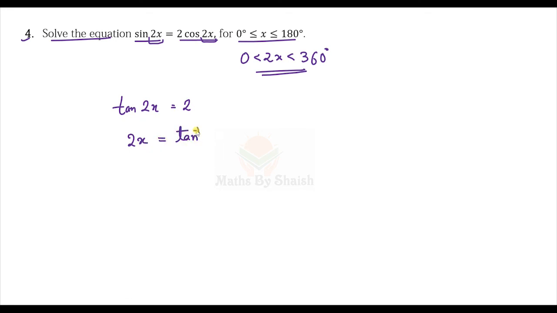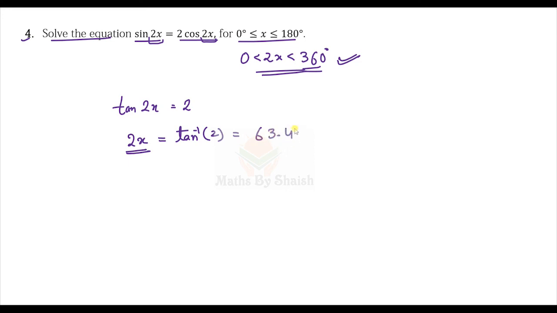Now we don't have to find x in the very beginning. We are going to calculate the 2x, and then at the last, when we satisfy this inequality, that all the angles between 0 and 360 are found, then we will write the x value by dividing by 2. So 2x is going to be 63.434 from here, so I write 63.4 degree only.